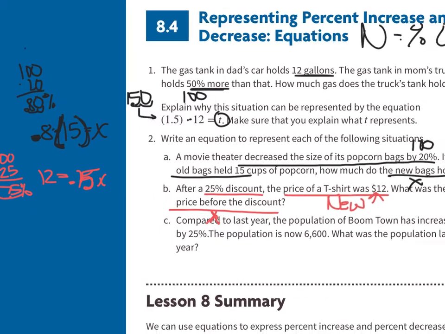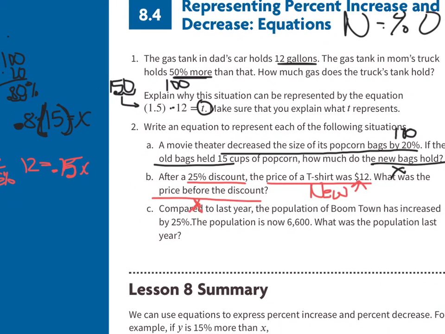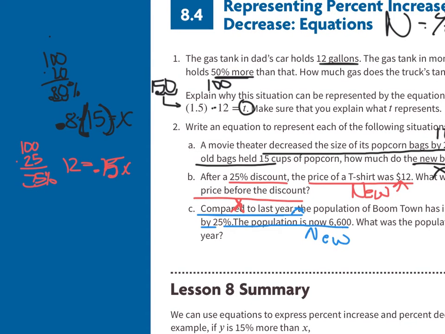Letter C. Compared to last year, the population of Boomtown has increased by 25%. The population is now 6,600. So that's the new amount, right? Increased by 25%. That means we're adding. And we don't know last year's, so we're going to put X. So we're going to go 100 plus 25, and we get 125%.